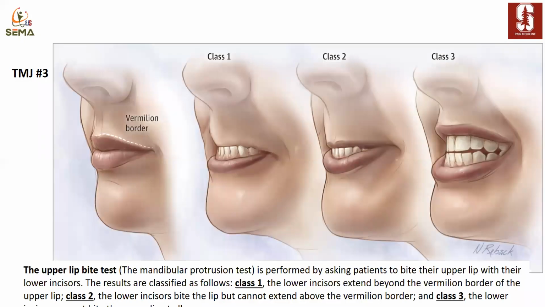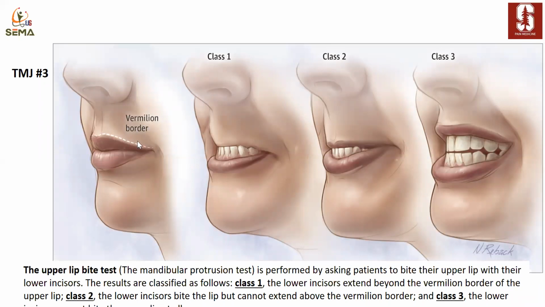Then the third test, which is called the upper lip bite test, or in some references called the mandibular protrusion test. Very simple test. Basically, this is the vermilion border.